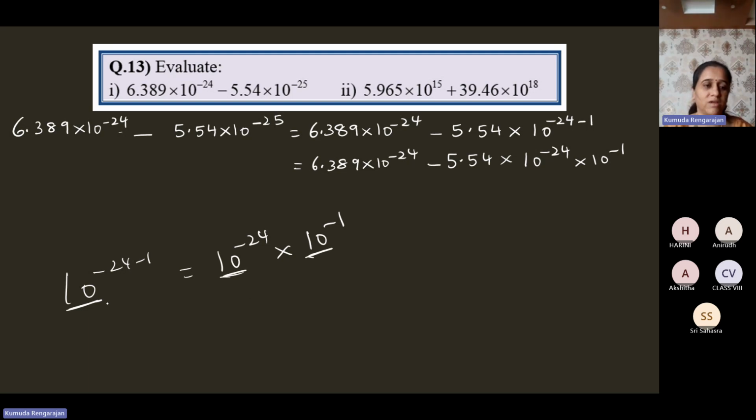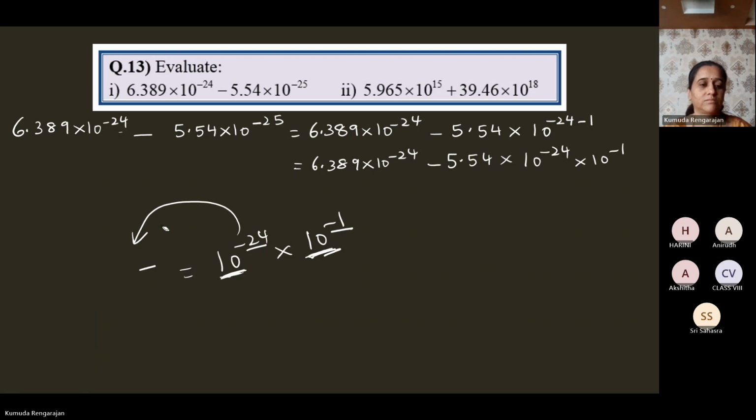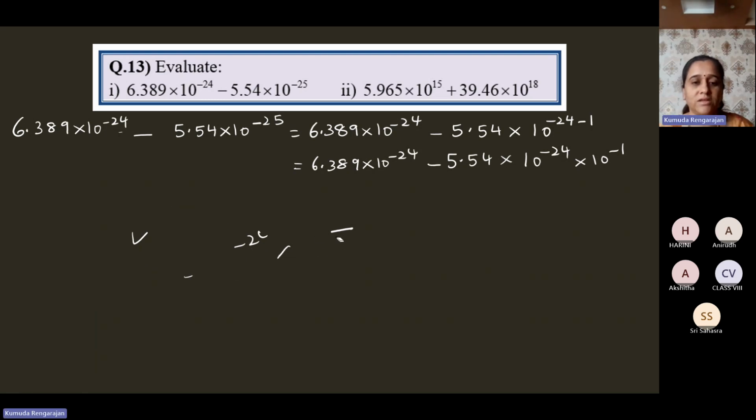You cannot change the base. Base is 10. So bases are same and it's multiplication, so you add the powers. That's the next step.